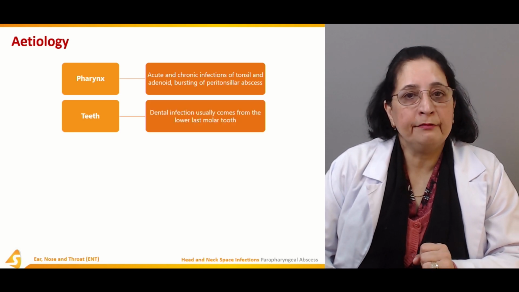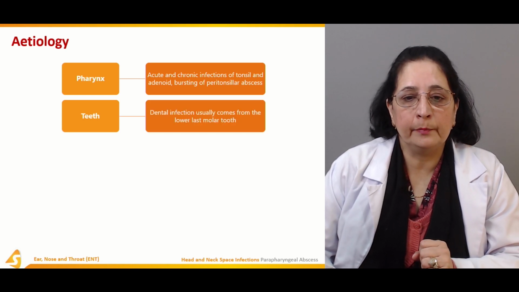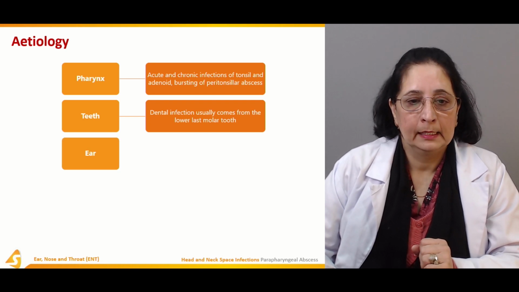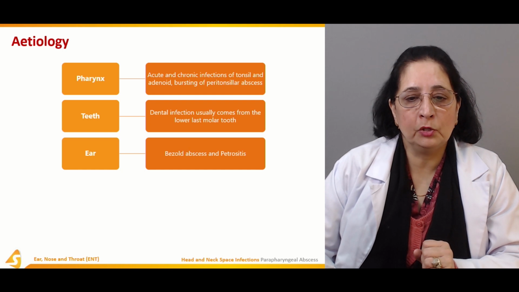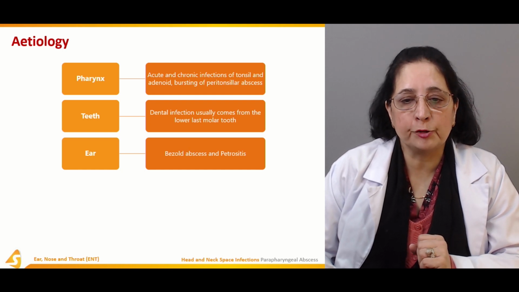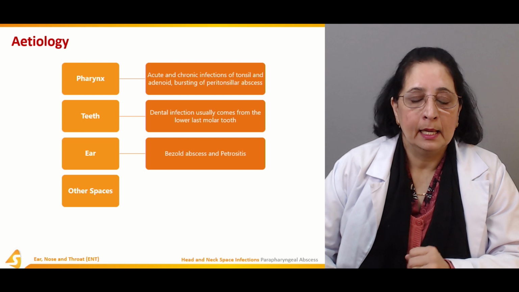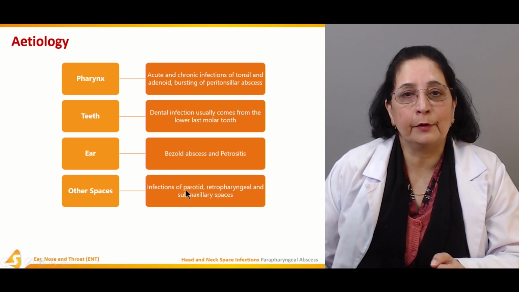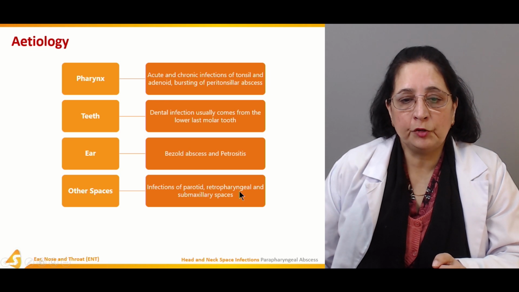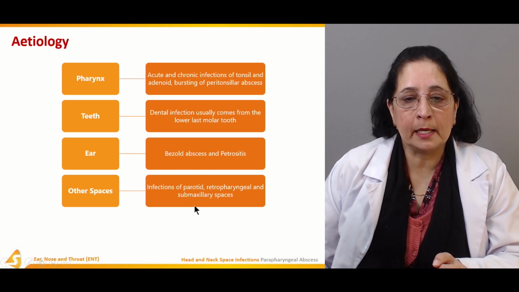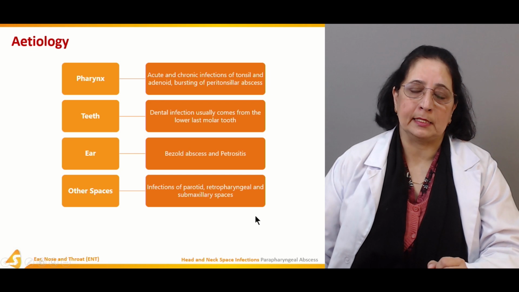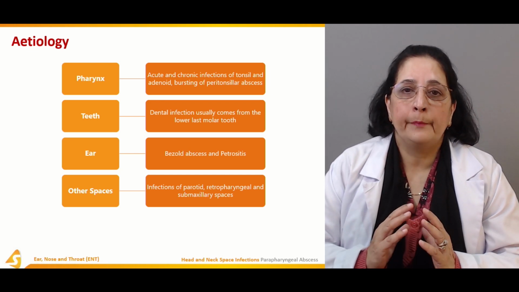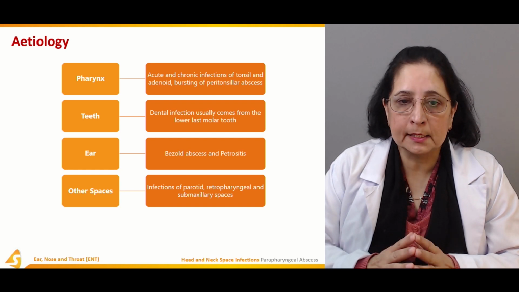Teeth: dental infection usually comes from the lower last molar tooth. Ear: Bezold abscess and petrositis. And then other infections like infection of the parotid, retropharyngeal and submaxillary space. All these infections can lead to parapharyngeal abscess.